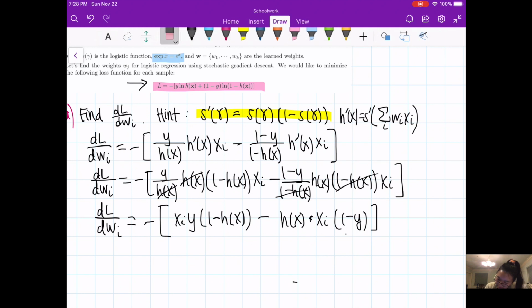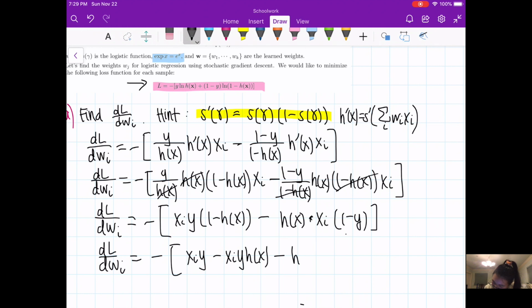And then we can simplify this even more. Negative xi y minus y h of x minus h of x xi, and then plus h of x xi y.